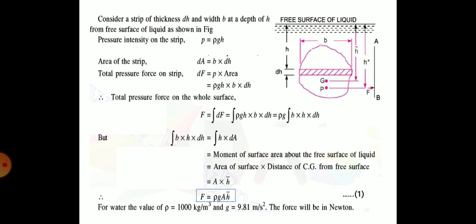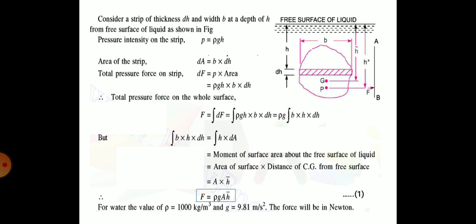But the integration of b h dh is equal to the integration of h into dA, which is equal to the moment of the surface area about the free surface of the liquid, which is equal to the area of the surface into the distance of the center of gravity from the free surface, that is equal to area into H bar.